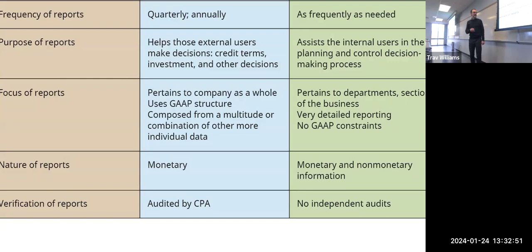And then financial accounting statements do have to be audited by an outside certified public accountant. It comes in, looks at the books and says either yes, these are accurate, or no, there are some problems here. Okay? In managerial accounting, there is no outside audit. All right, what questions do you have?